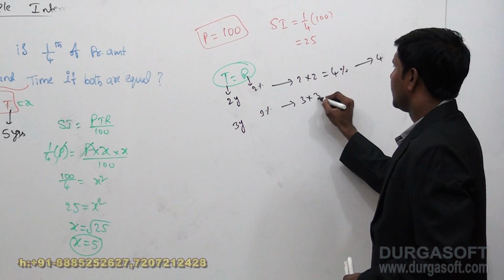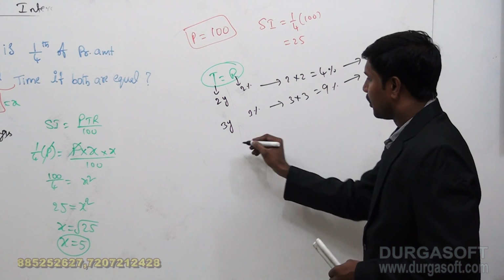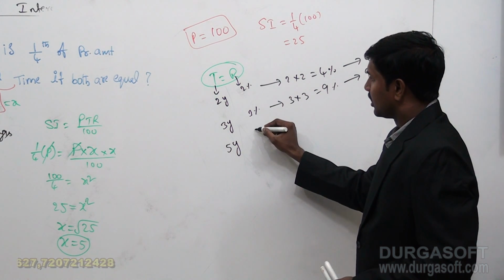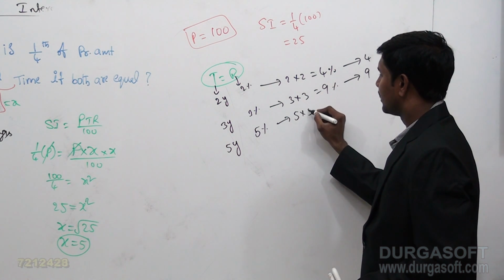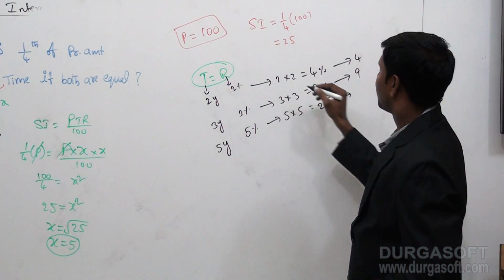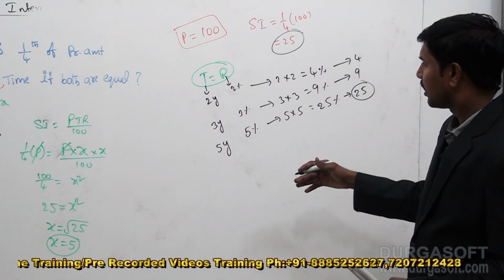Here 3 into 3 is 9%, so the answer is 9. Now if I take the time as 5 years, the rate of interest will become 5%. So for 5 years at 5%, it is 5 into 5, 25%. So 25% of 100 is 25, which is the simple interest. So from this what you can understand?